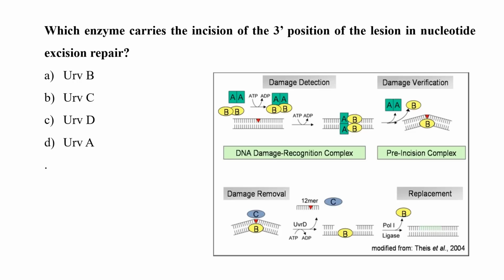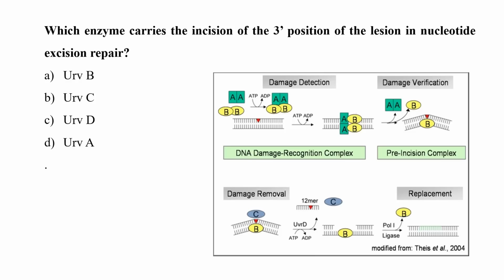As UvrA goes off, then UvrC comes, which is an endonuclease, and it recognizes the site and cuts 8 base pairs upstream of the mutation site and 4 base pairs downstream of the mutation site. That means a whole sum of a 12 nucleotide strand. Once it is cleaved off, a helicase comes, which is UvrD, and which opens up the DNA.